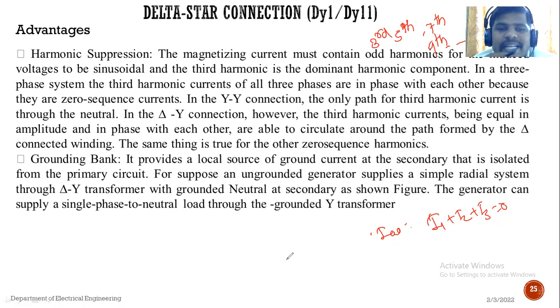In the delta star connection, however, the third harmonic currents, being equal in amplitude and in phase with each other, are able to circulate around the path formed by the delta connected winding.